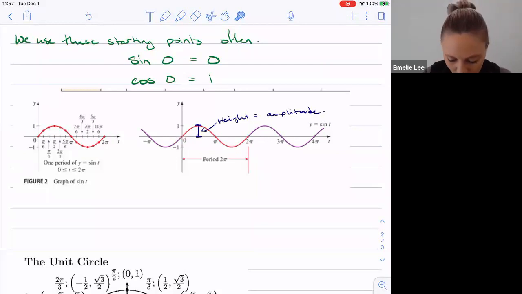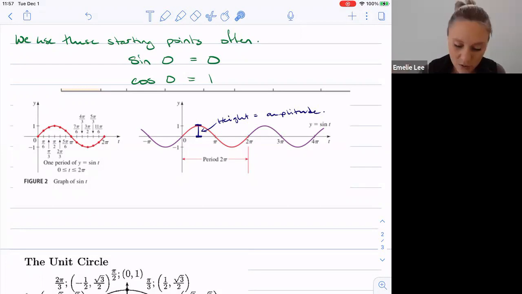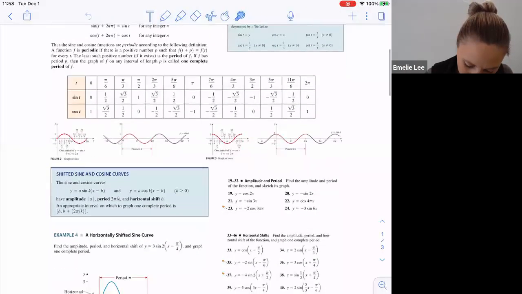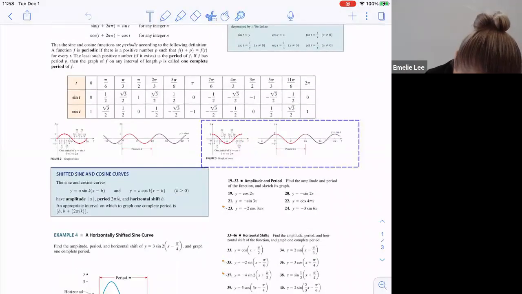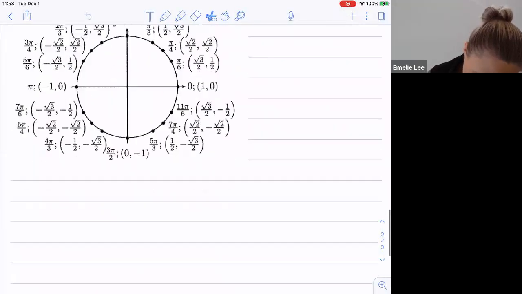If we have a horizontal shift, then everything gets shifted to the right or to the left. So that's when it's useful to know where the starting point is, because if I shift that over to the left, for example, then everything shifts over that amount. Let's talk about the sine curve before we do anything else.